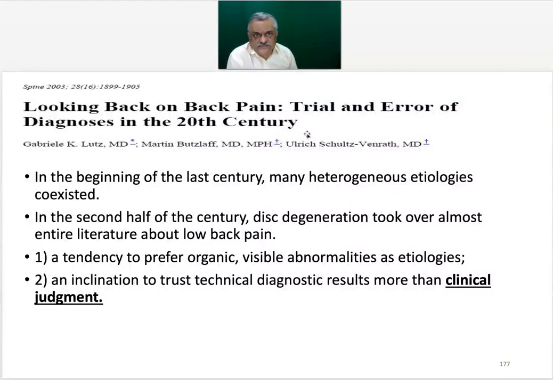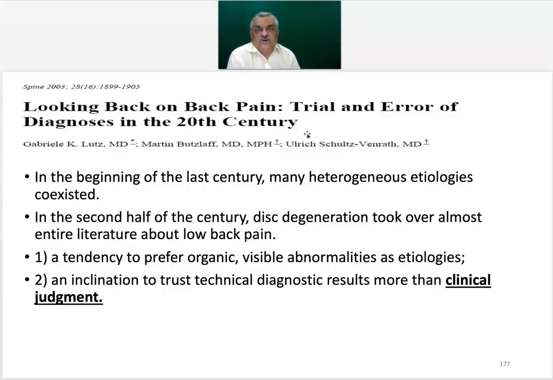Now, a little bit of literature. In the beginning of last century, there were many heterogeneous etiologies. In the second half, disc degeneration took over almost the entire literature about low back pain, and the tendency was to prefer organic visible abnormality as an etiology of the problem, the low back pain and sciatic pain, and an inclination to trust technical diagnostic results more than clinical judgment was present.